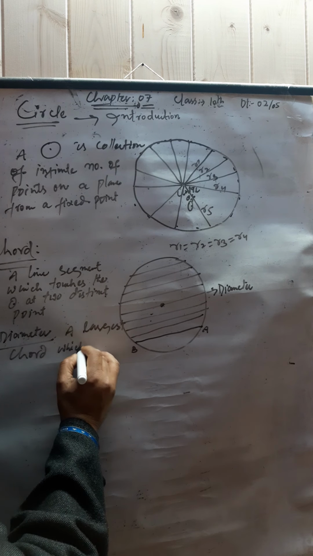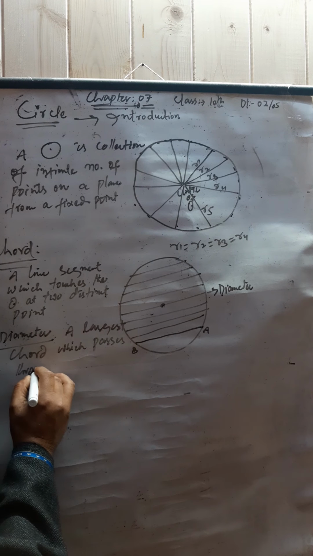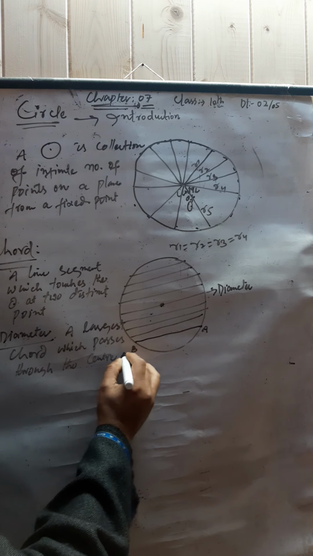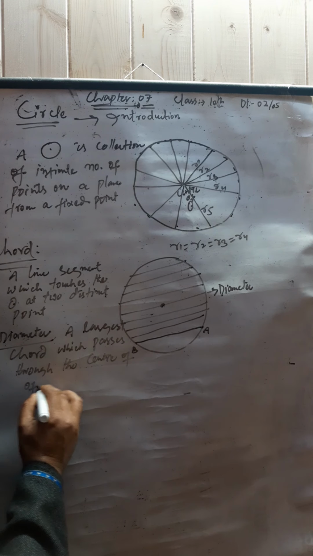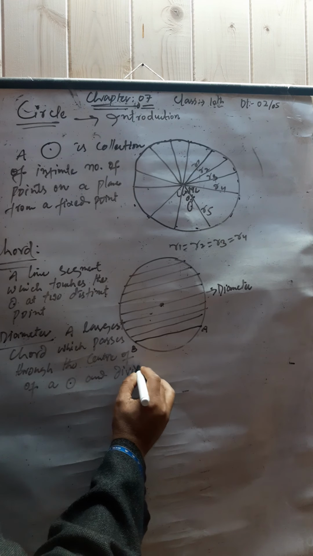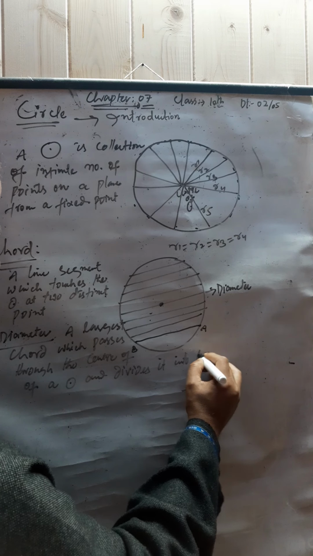Diameter is the largest chord which passes through the center of a circle and divides it into two equal parts.